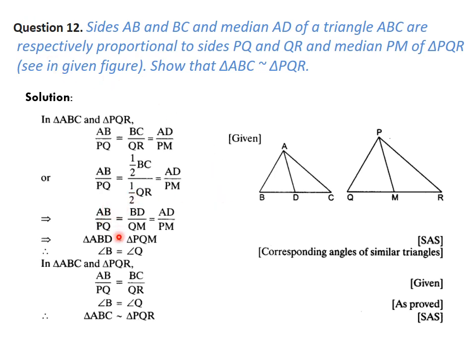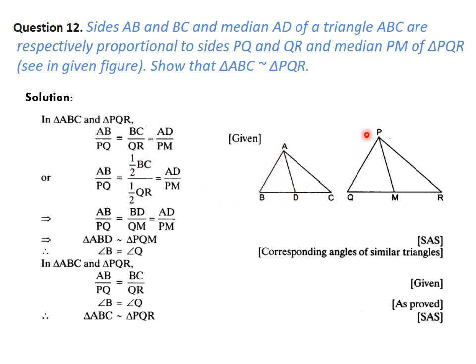Now again AB by PQ is equal to, now half of BC is equal to BD and half of QR is equal to QM. Now you may ask why we are choosing these particular sides. The reason is that we can see from this part that AB by PQ equals BC by QR.